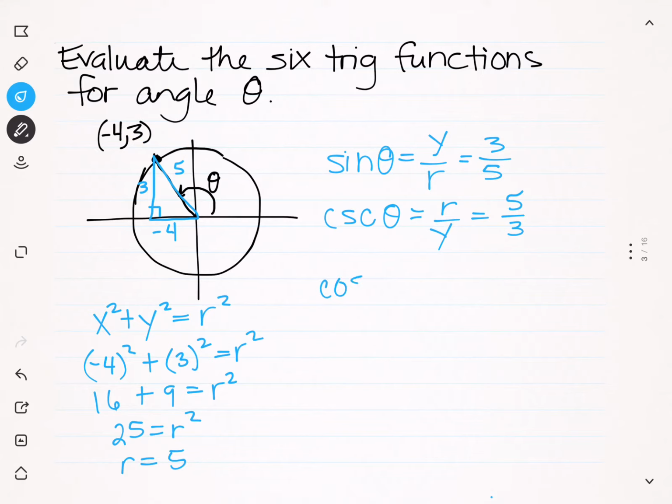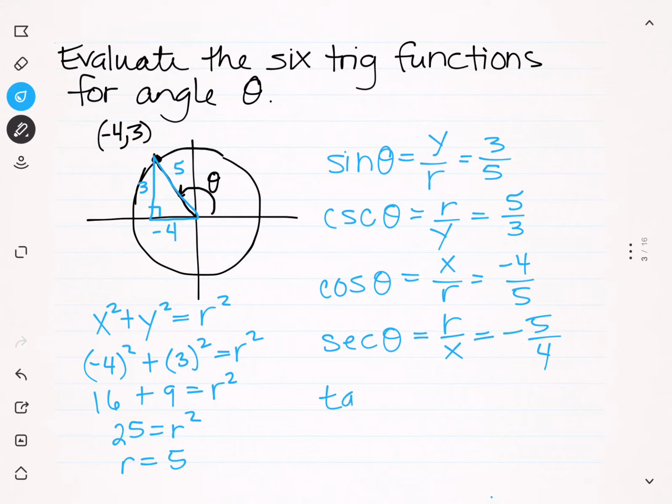The cosine of angle theta is going to be x over r. So negative 4 over 5. And then its reciprocal function, which is secant of theta, is going to be r over x, which is negative 5/4.